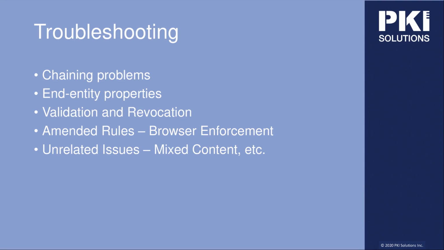It's simply the browser itself is going to be throwing an error if it sees that condition. So these amended rules, it's often difficult to check out and validate what's causing an issue, especially when it's just something that's sitting inside of a browser.